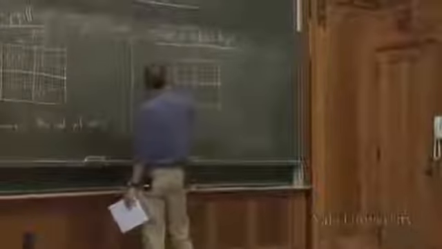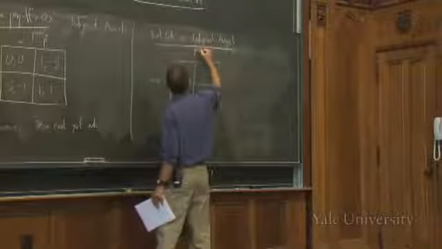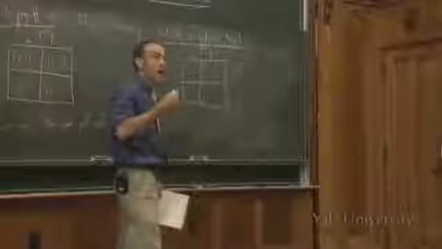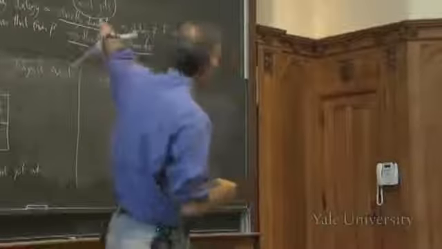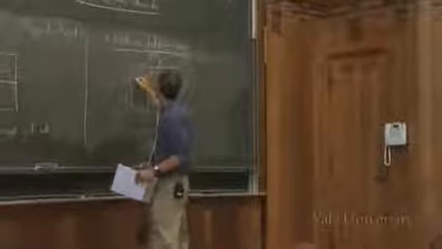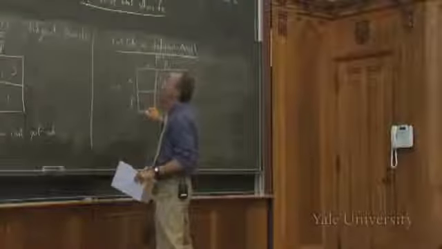This is me, as always. This is my pair, the column player. My payoffs are going to be the evil git payoffs, so they come from the matrix up there. That's a 0, a 3, a -1, and a 1.